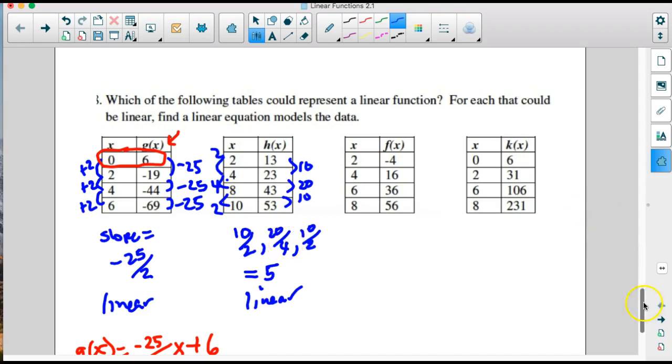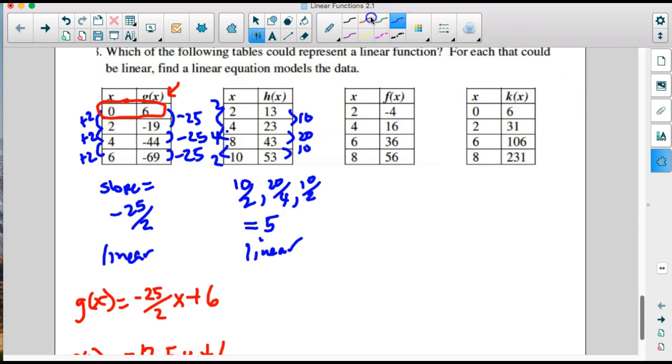So its equation for this one is going to be h of x equals 5x, and they didn't give us an initial value here, so we're going to have to find that. What I would do is figure this out from the chart.